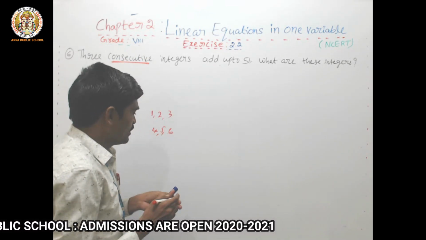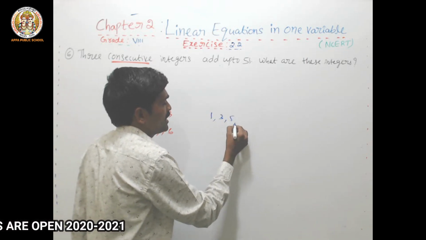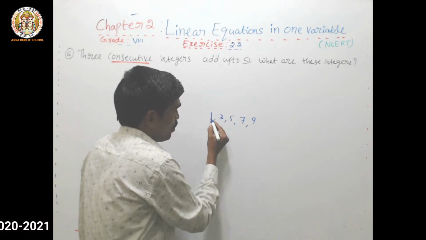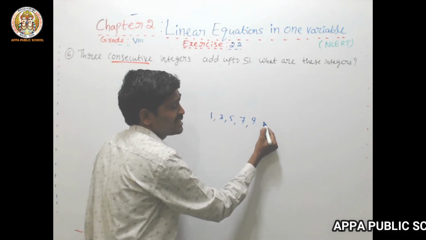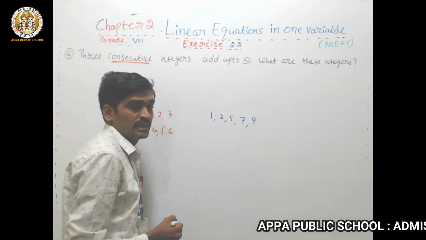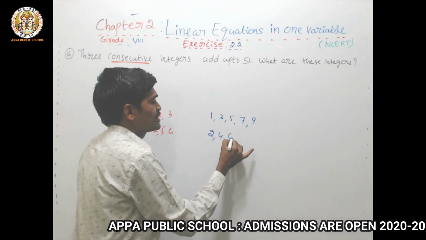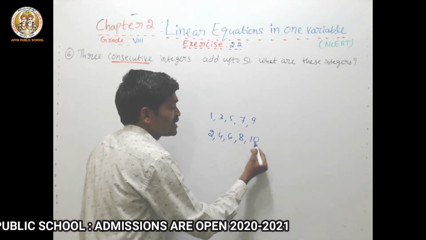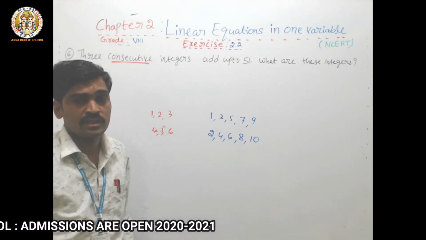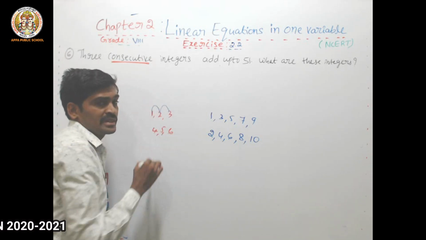You can take 1, 3, 5, 7, 9, they follow continuously. You can say odd numbers, consecutive odd numbers. 2, 4, 6, 8, 10, these numbers are consecutive even numbers. Understood, my dear students? Consecutive means following one after the next.